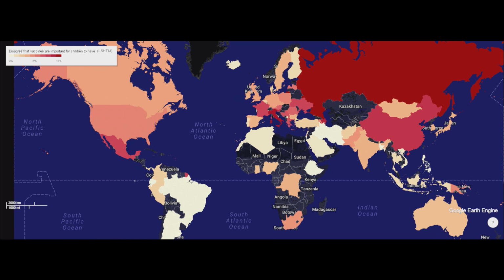But there are a number of countries, particularly in Europe, like Italy and France, and then also Russia and China, that are really not thinking that vaccines are that good for children. And that's to a certain extent correlated with the belief that vaccines may not be safe.